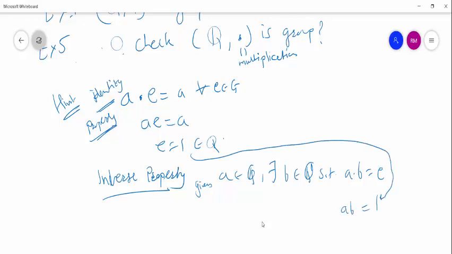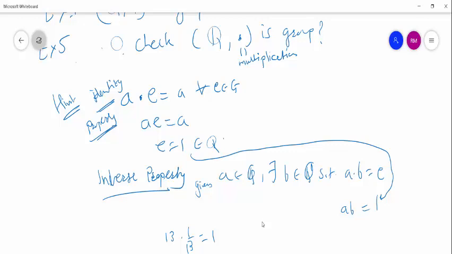So AB equal to 1, meaning for each element in Q there exists B such that their product is 1. Roughly we can say if we take A equal to, say, 3, then B we have to take 1 by 3, so that 3 into 1 by 3 is 1. Suppose we take 13, then we have to choose B as 1 by 13, so 1.